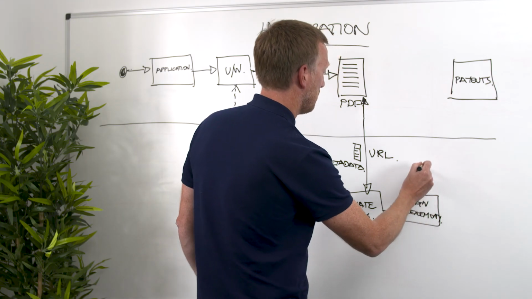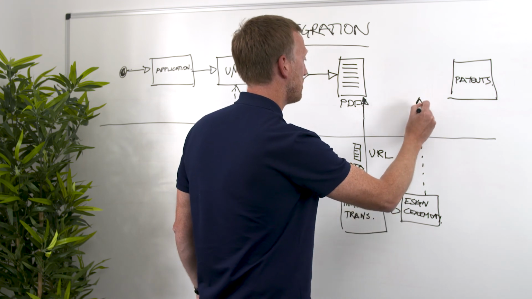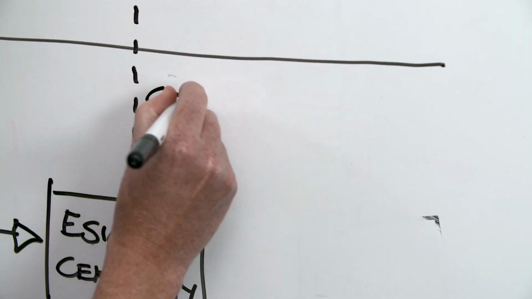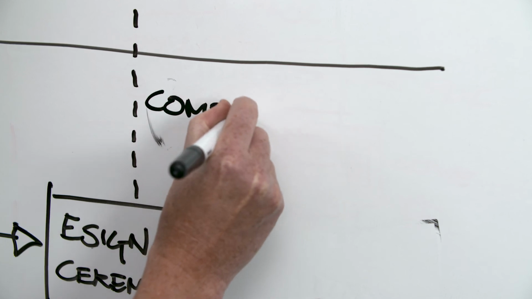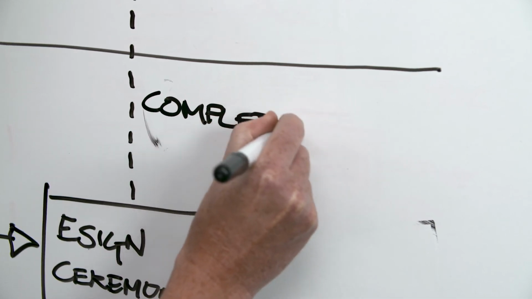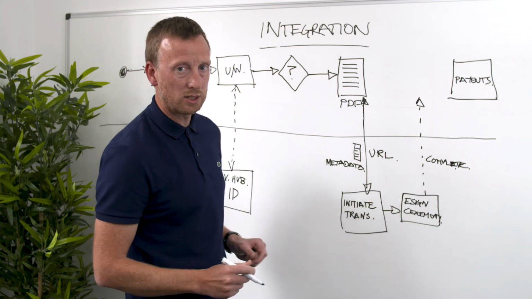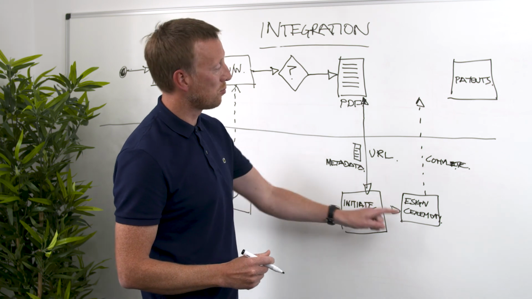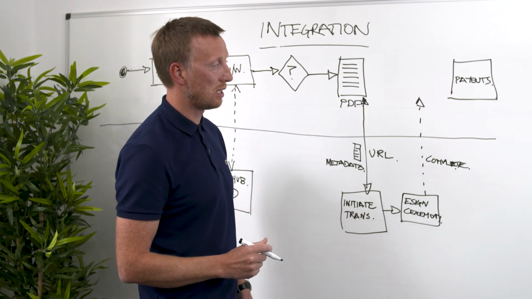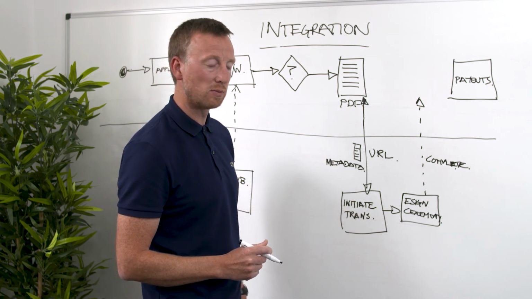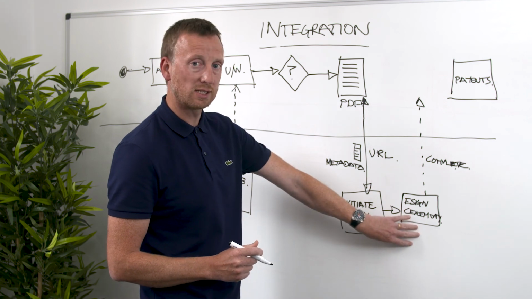And I'll put a notification back here to say everything is now complete. So as we said, the signed document exists on the Dealflo platform, and we've informed the calling system that it's finished and exists down here.